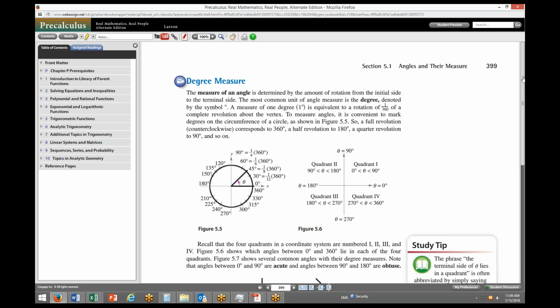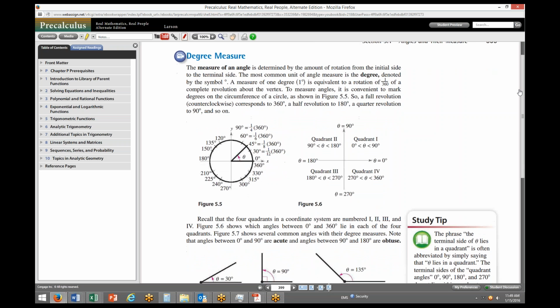Okay. And about the measure of angles. Considering that our angles are going to be in standard position, starting off with measuring angles by degrees, I trust everybody recalls, to go full circle, that's a total of 360 degrees. Every circle has 360 degrees in it.